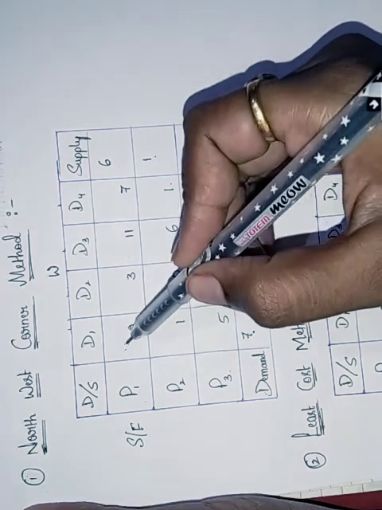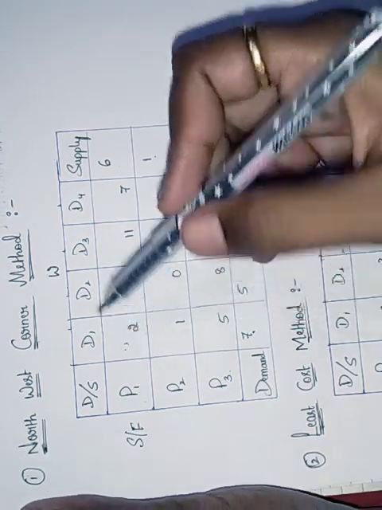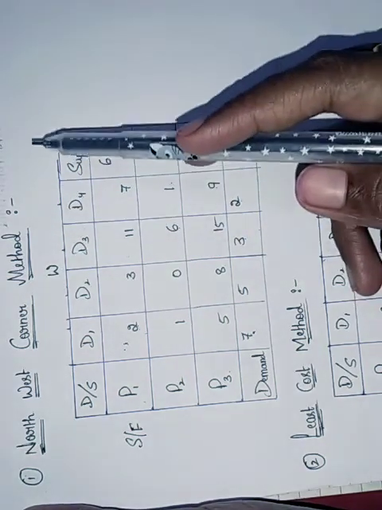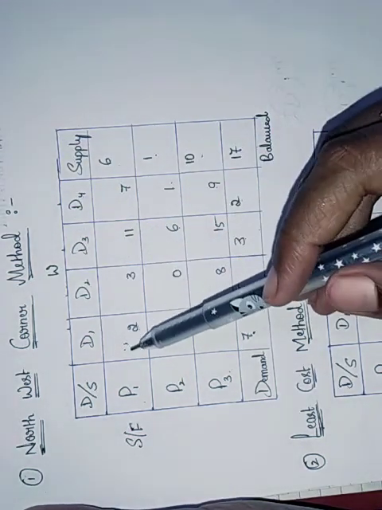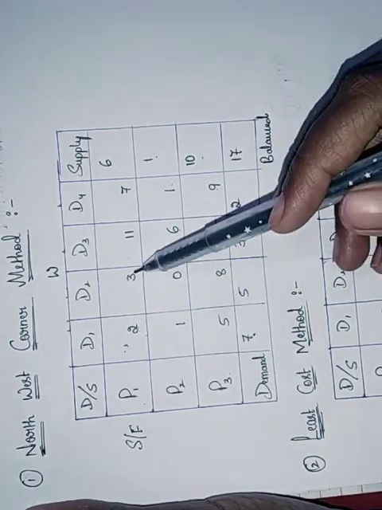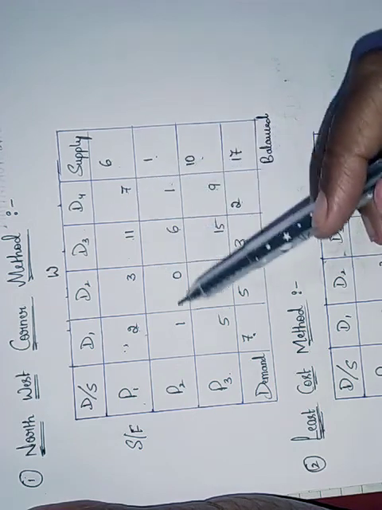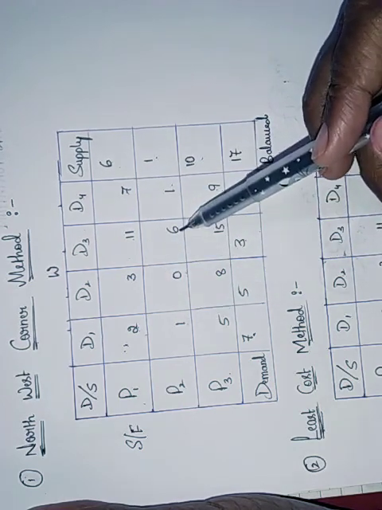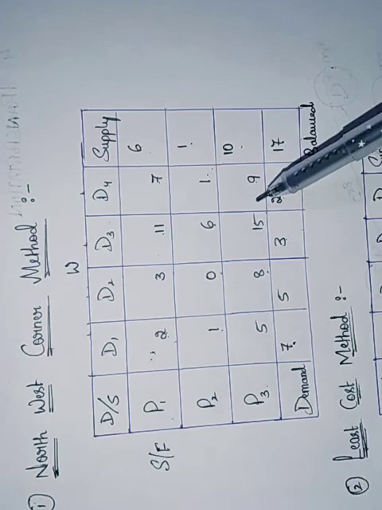Now, 2, 3, 11, 7, 1, 0, 6, 1, 5, 8, 15, 9: all these numbers represent the cost of transporting a unit from different plants to different destinations.